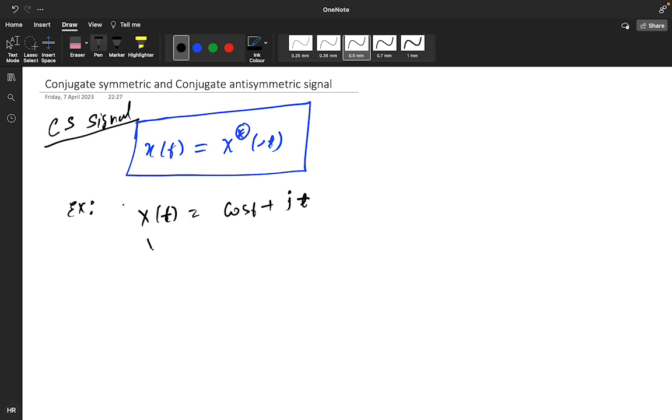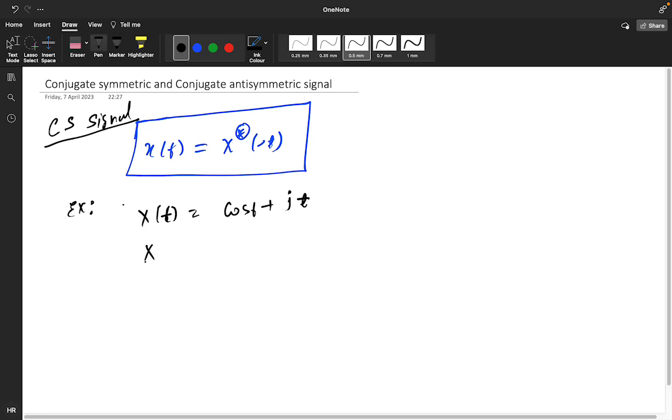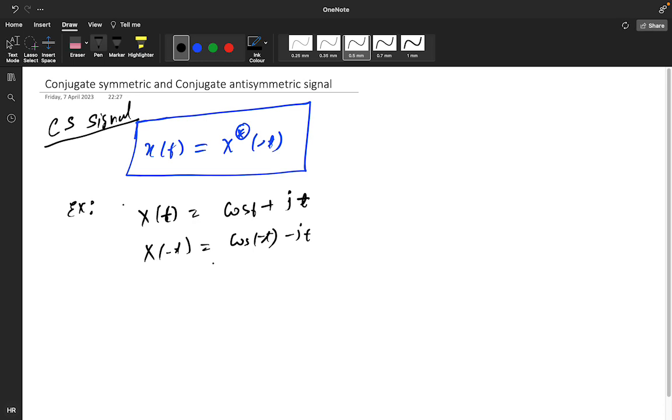So what is your x conjugate? You first take x of minus t. So x of minus t will be what? Cos of minus t minus jt. And what is the cos of minus t? Cos t. And minus jt is minus jt.